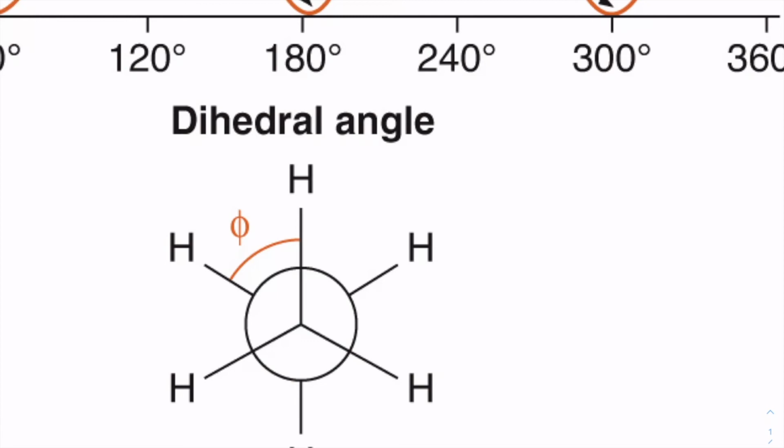Now, the technical definition of a dihedral angle is the angle between two planes or the angle between two vectors. So if you define this as a vector and then this to the carbon in the back as another vector, you can identify their dihedral angle.